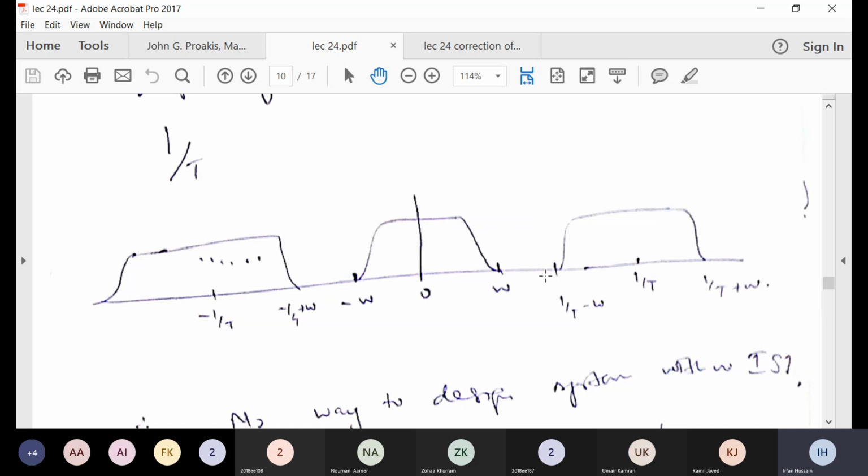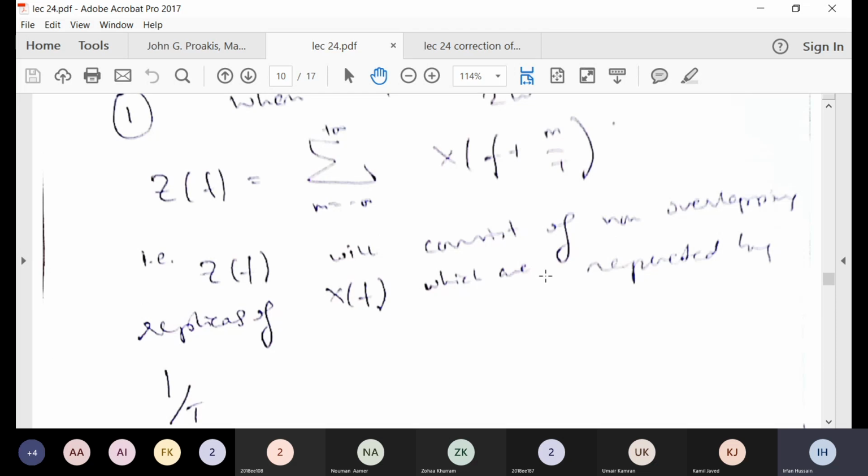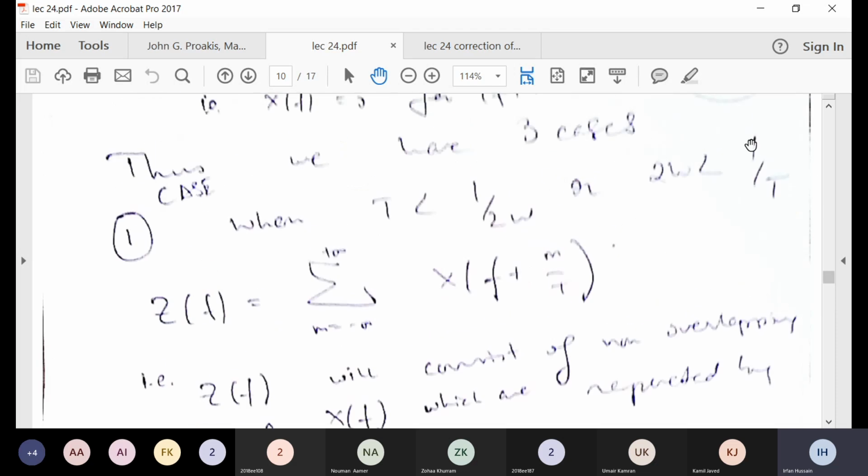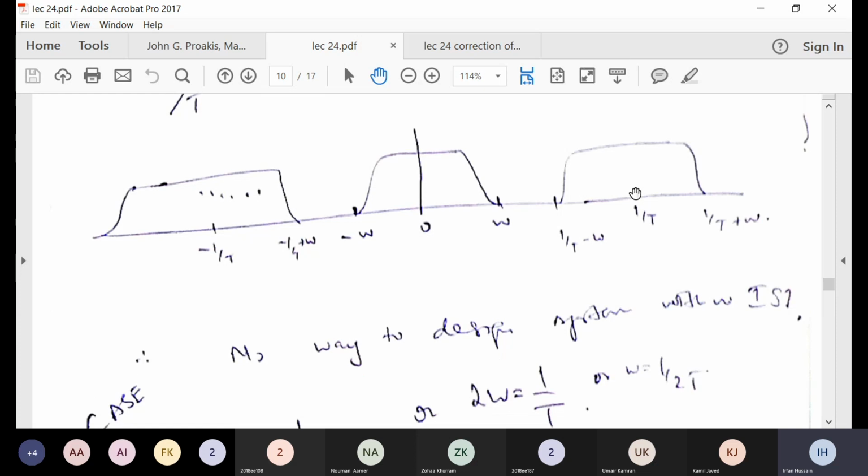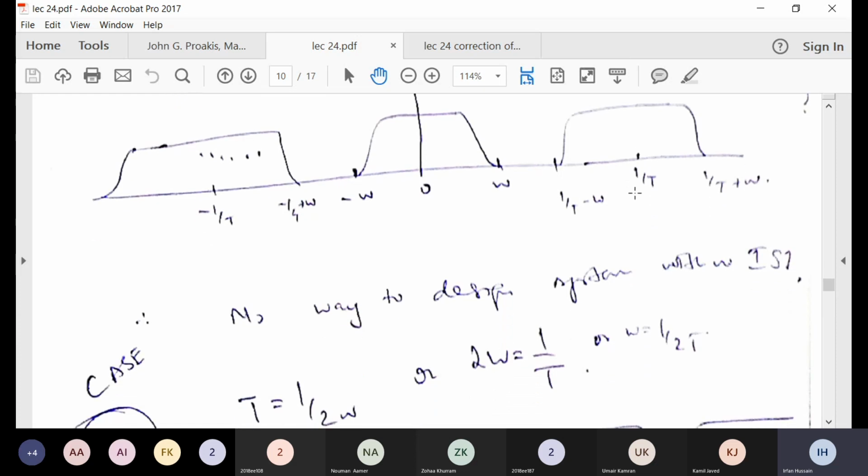That is why under these conditions, that your 1 over T is greater than 2W, you cannot satisfy the Nyquist criterion, hence there will be ISI in these systems.